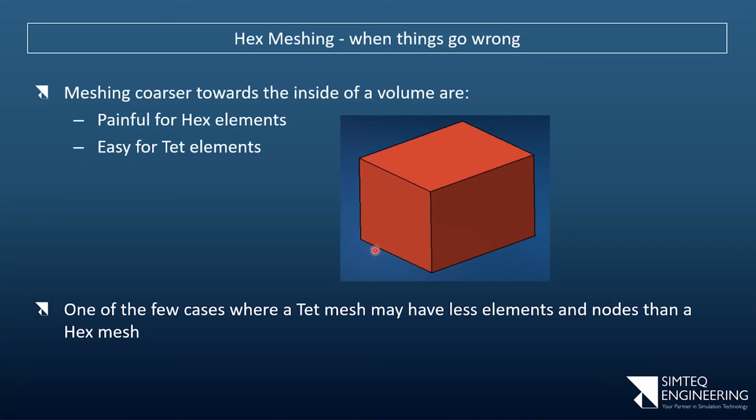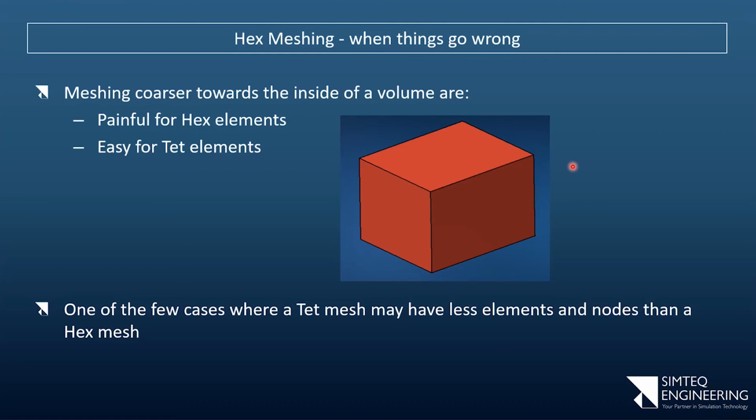On the other hand, if I use a TET mesh, I can mesh all the faces fine, and there's two options. I can either say coarsen the mesh towards the inside, so automatically it'll grow the mesh, or alternatively, I can just mesh the part with a large element size, so it will still use the fine elements on the faces, but then use coarser elements towards the inside.